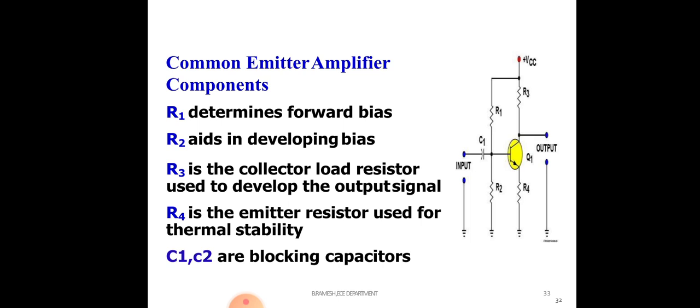Then the next one, the C2 capacitor. We have to get the output as the same AC signal. We represent an audio signal with a sine signal. The amplifier should not change the frequency.